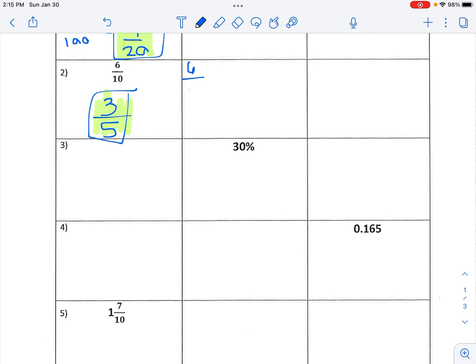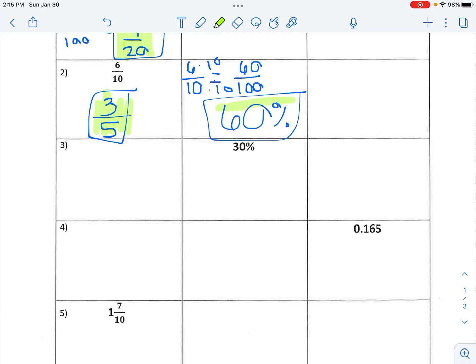So let's go back to our 6 tenths. A percent is out of 100. So if I multiply 10 times 10 and 6 times 10, that gets me to 60 hundredths. So your percent for number 2, check your answer on your paper, should be 60%.